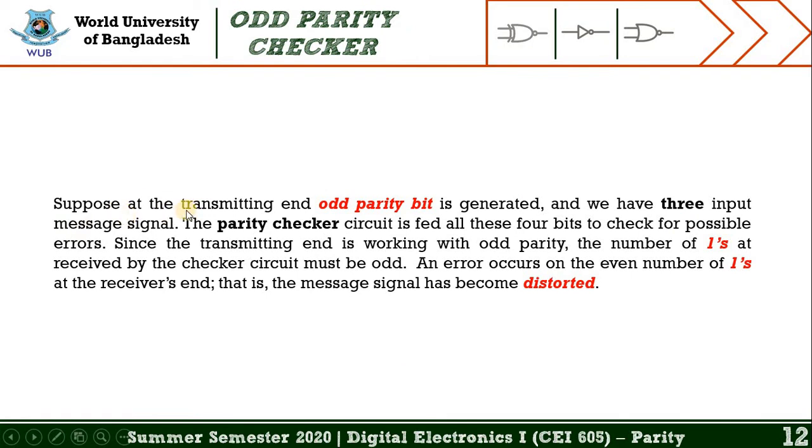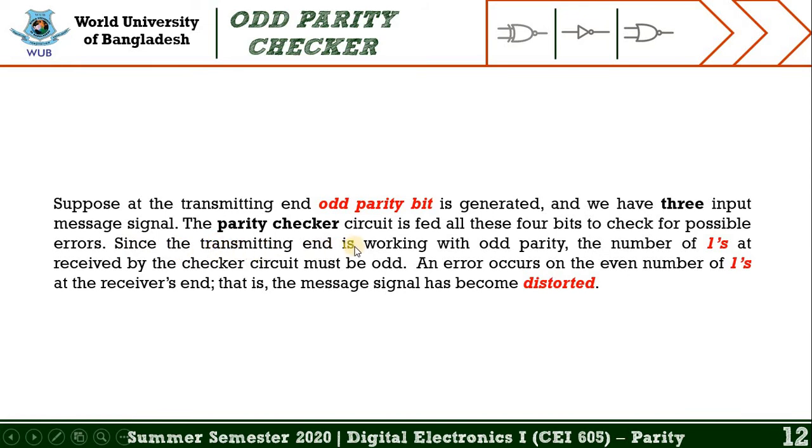From this slide we may learn the overview of the odd parity checker. So let's start. Suppose at the transmitting end an odd parity bit is generated and we have 3 input message signals. The parity checker circuit is fed all these 4 bits to check for possible errors.